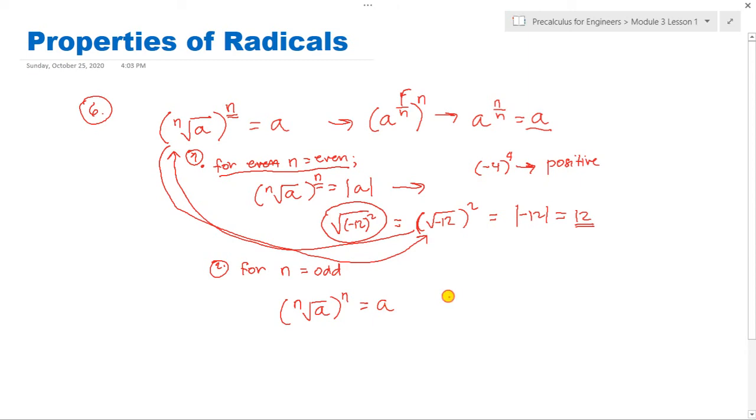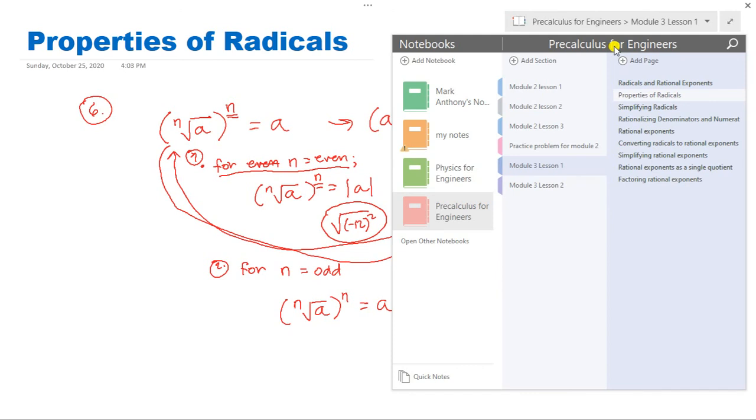Let's say, we have here the cube root of negative 3, then raised to the power of 3, just simply write negative 3. So hindi ka na mag-absolute value unlike for n even number.